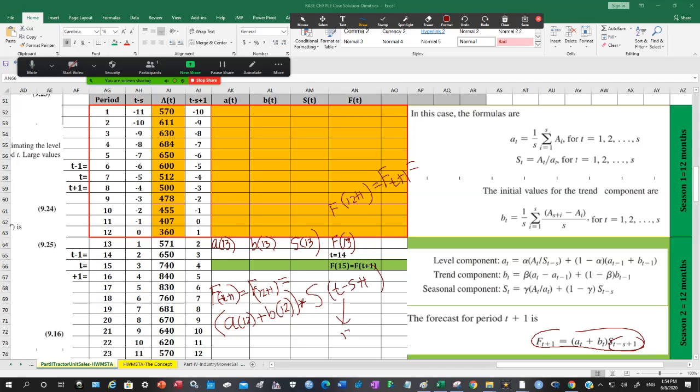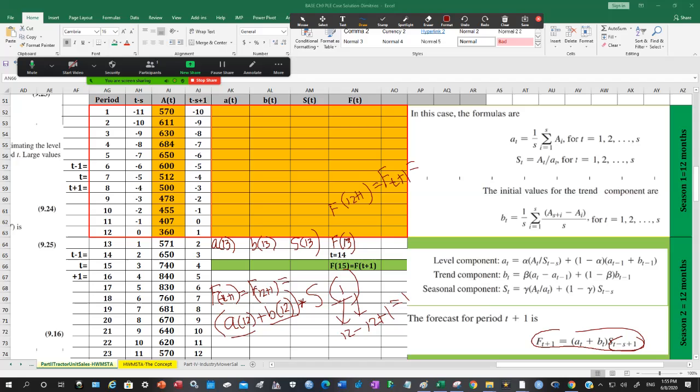This t is 12, this s is 12, and then plus 1, so this here is 1. So this is S of 1, and we have all of them.